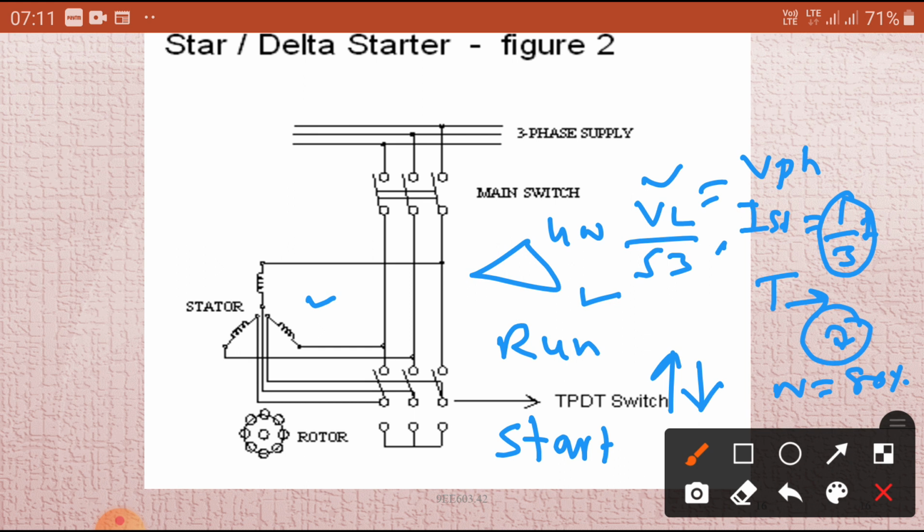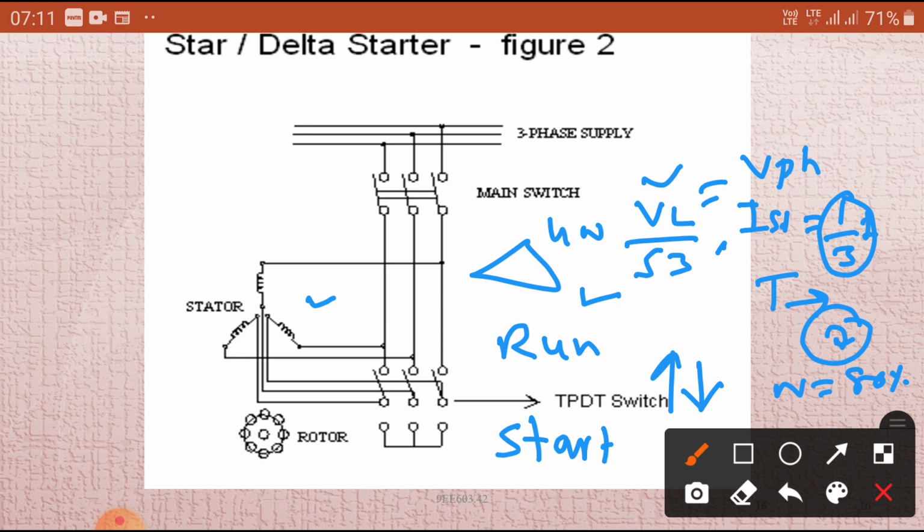In making connections, care should be taken such that the sequence of the supply connections to the winding terminals does not change while changing from star to delta while throwing the DPDT switch. Otherwise, the phase sequence changes.